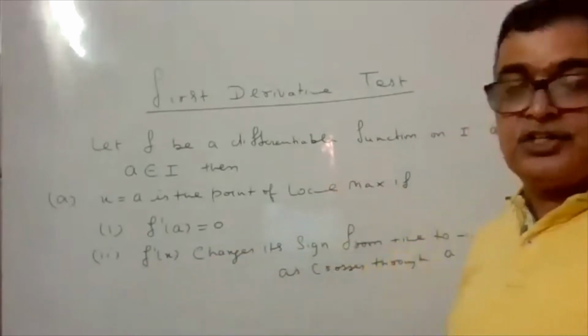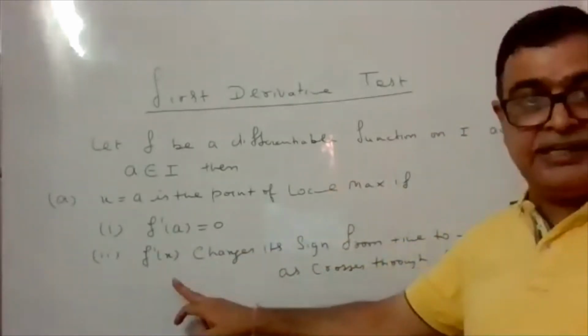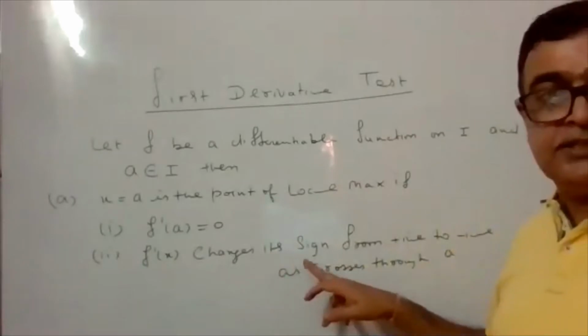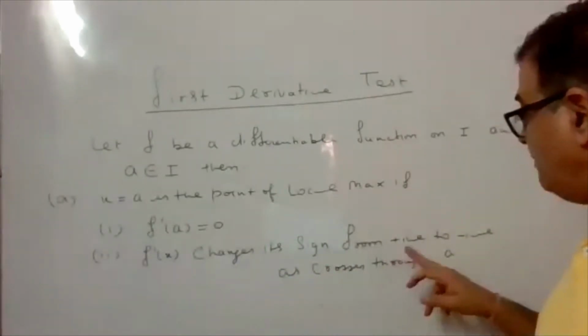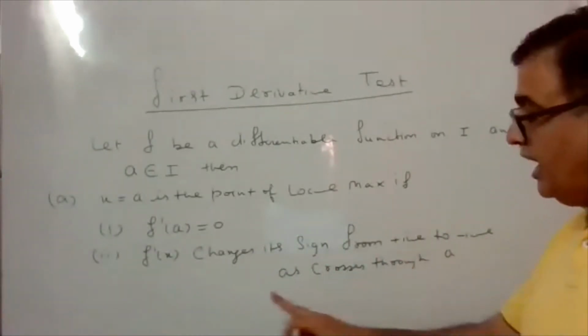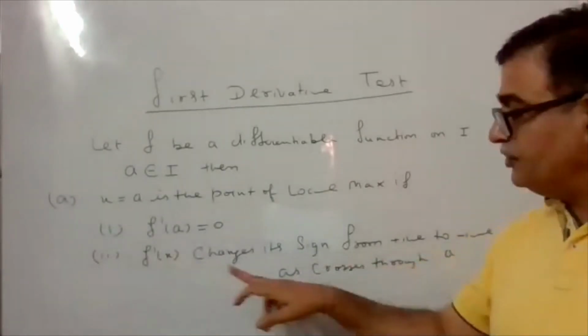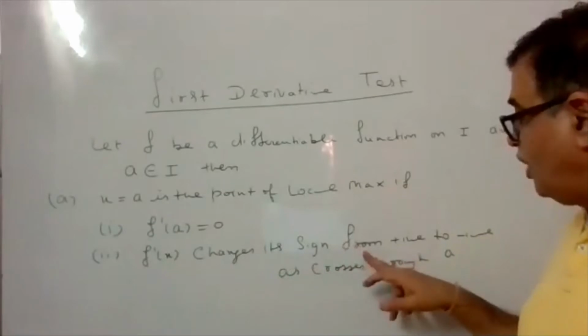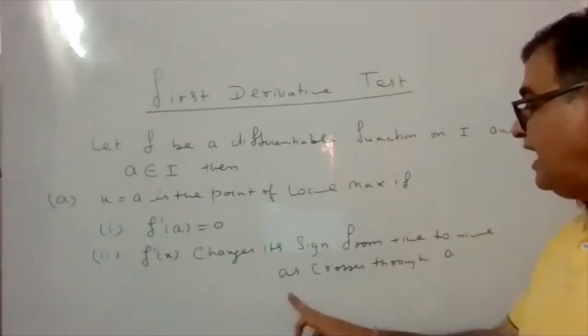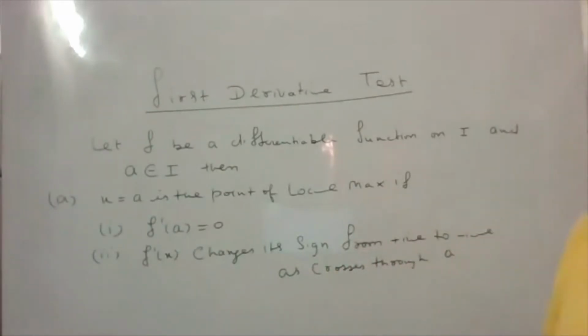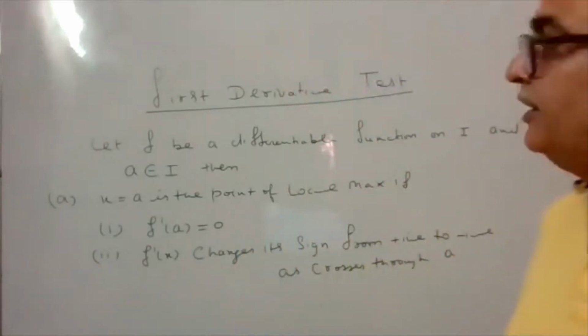And the second condition says that f dash x changes its sign from positive to negative as it crosses through a. Now what is the meaning of it? We should make it clear first.